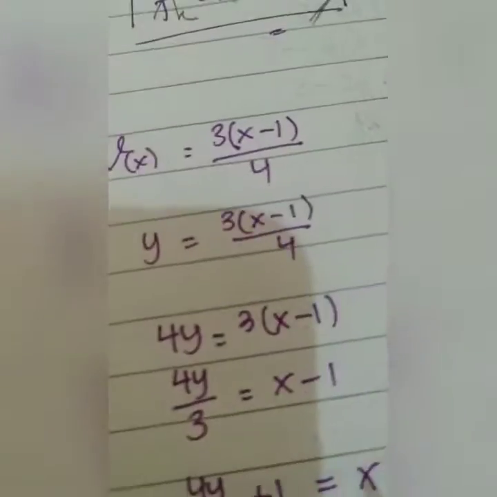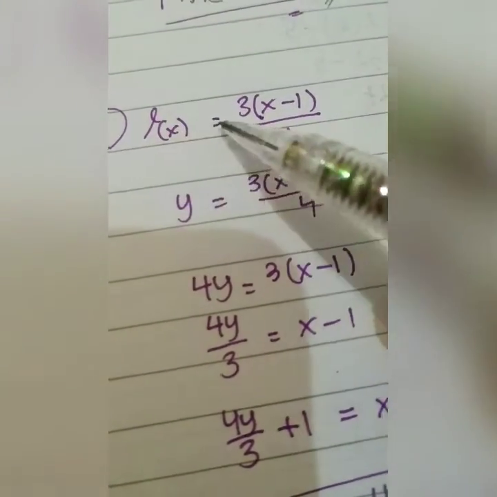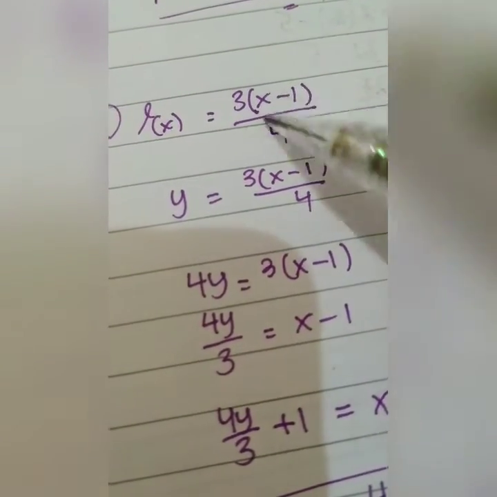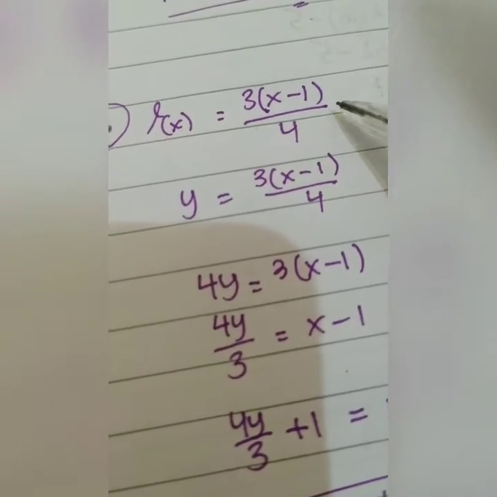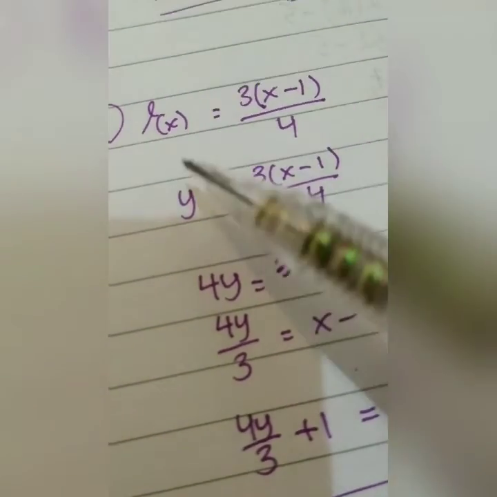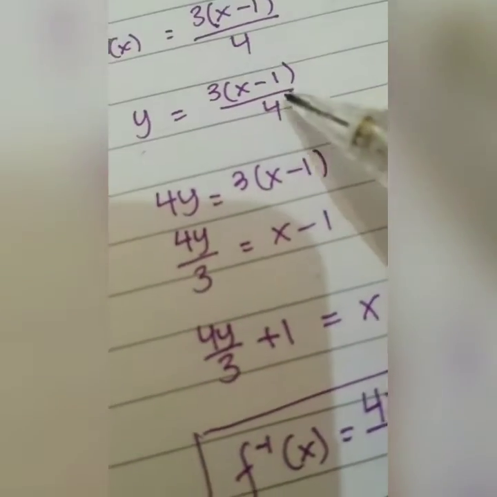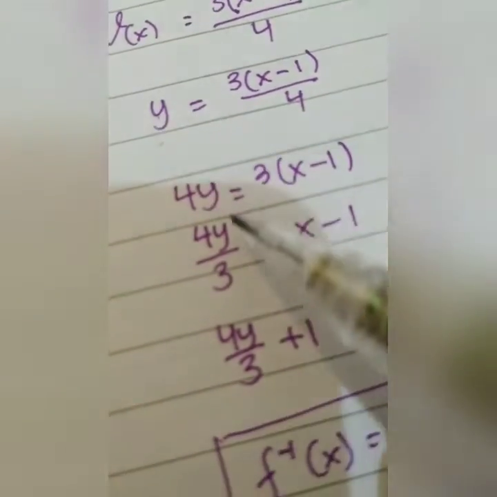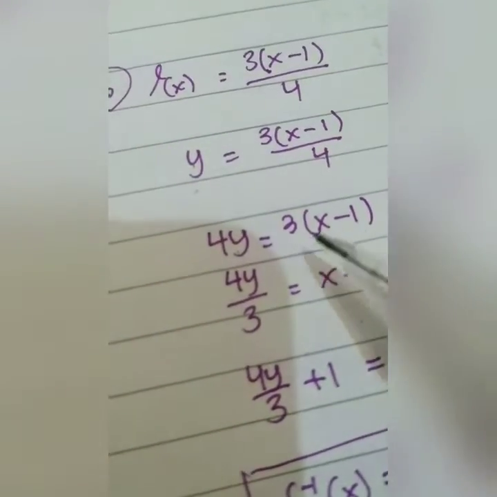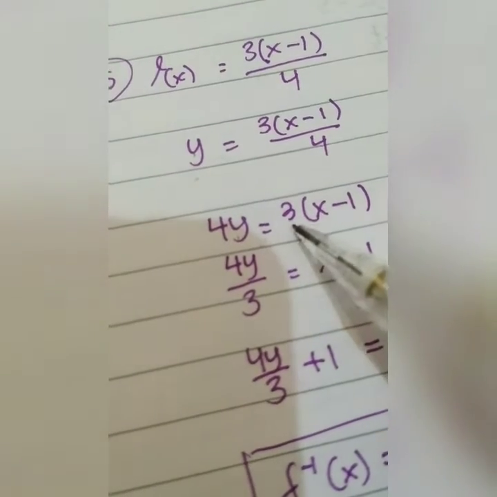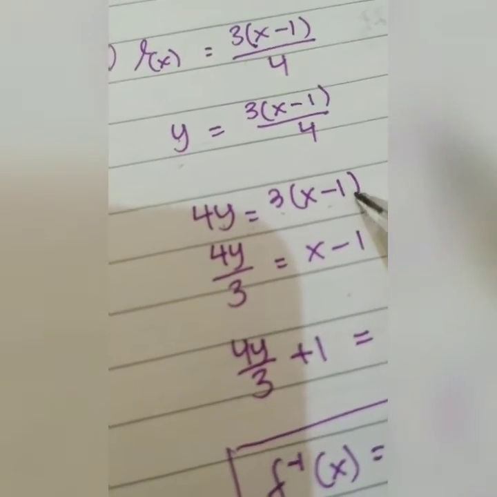Then number 5, we have L(x) equals 3(x minus 1) over 4. We change to y and then cross multiply with 4. 4 times y equals 4y, so 4y equals 3(x minus 1).